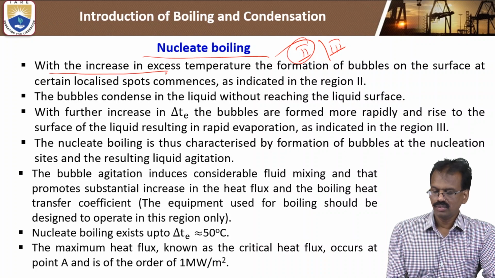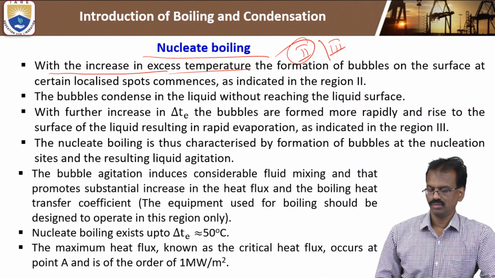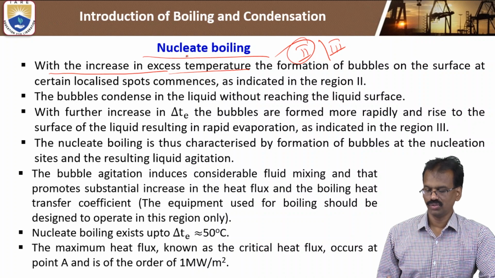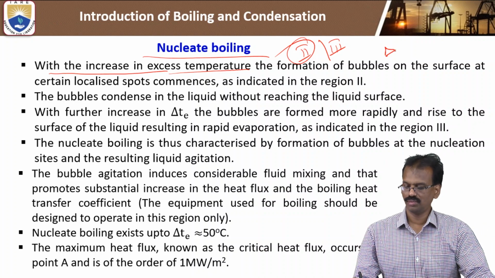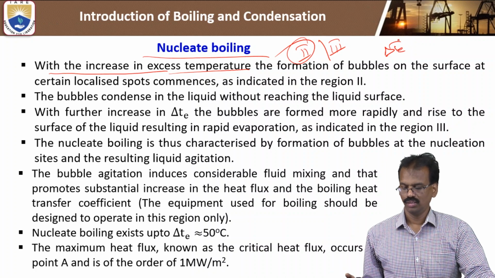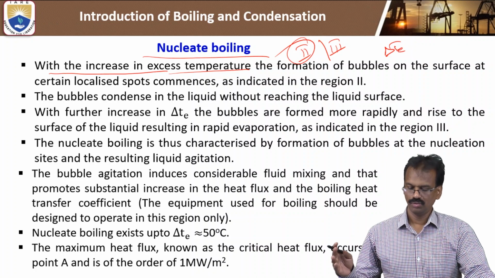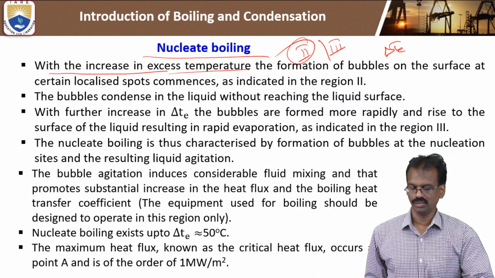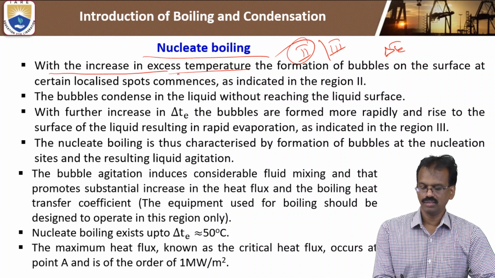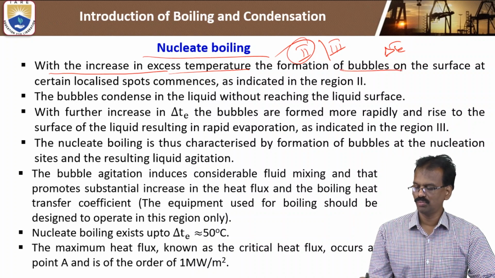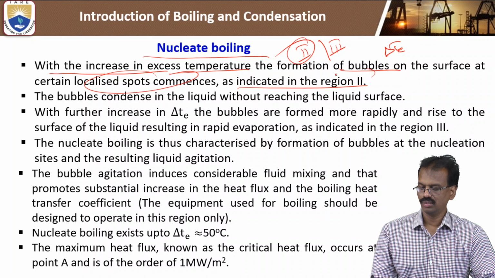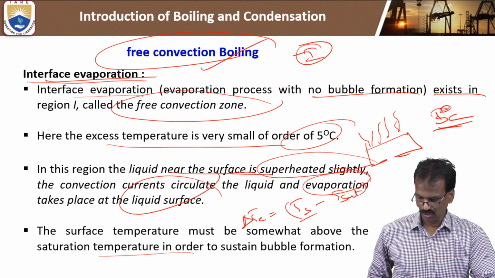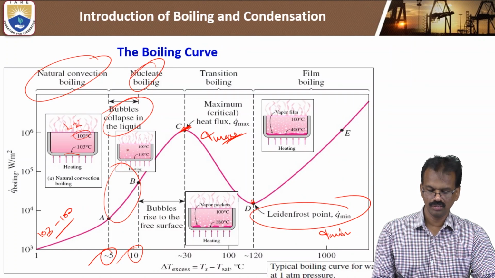With the increase in excess temperature, after the free convection process, the excess temperature delta T is more than 5 degrees Celsius, up to nearly 30 to 50 degrees Celsius. You will see the formation of bubbles on the surface at certain localized spots, as indicated in region 2.